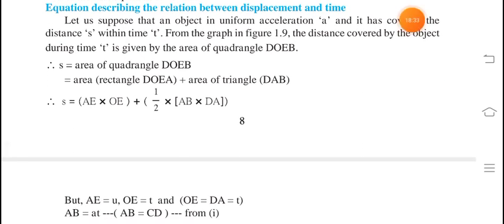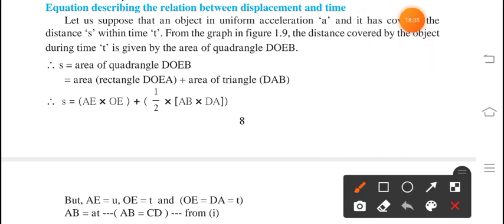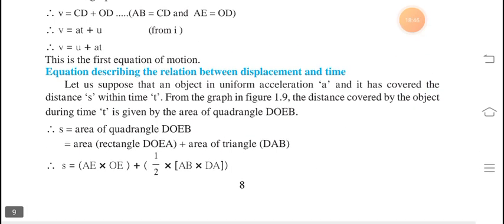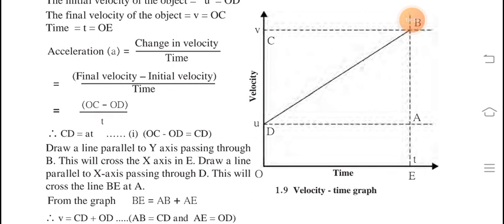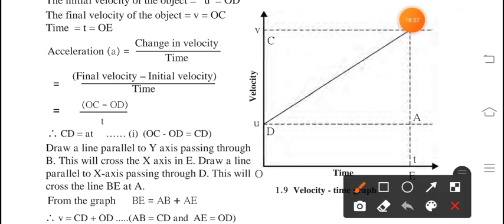Let us suppose that an object in uniform acceleration a has covered the distance s within time t. Here you can observe, when the velocity is changing with respect to time, definitely we are getting an acceleration.